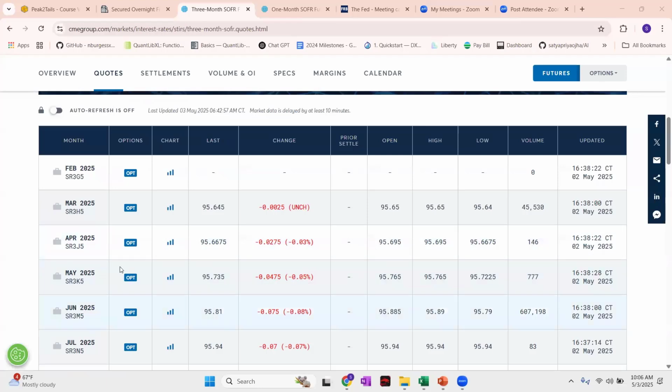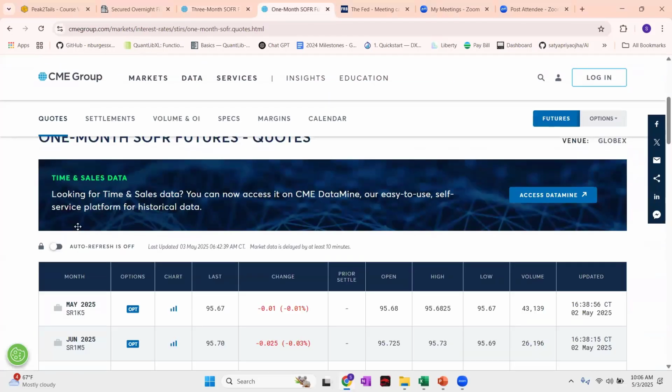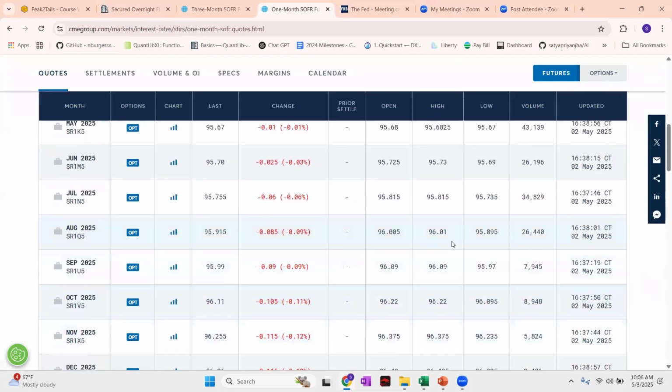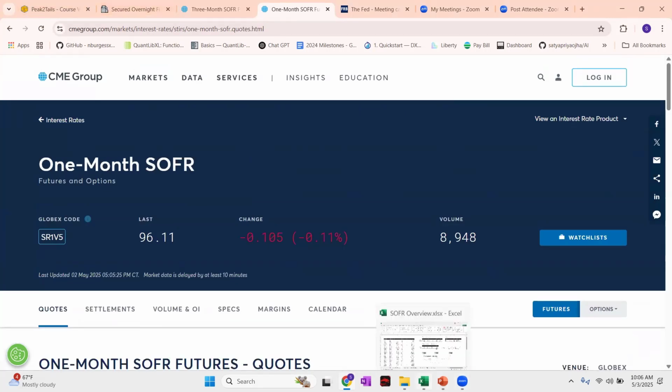You can see different futures and the last traded price, change, high, low, volume, etc. And then parallelly you have 1 month future quotes. So this is their website. There are a lot of good resources on the CME website. I would highly recommend going through those.